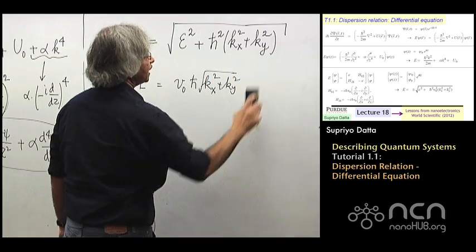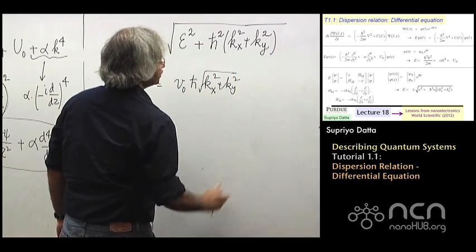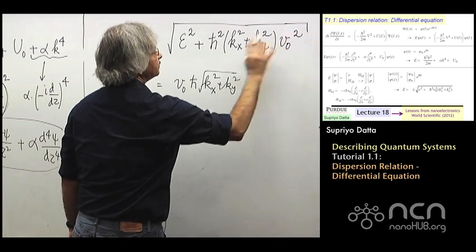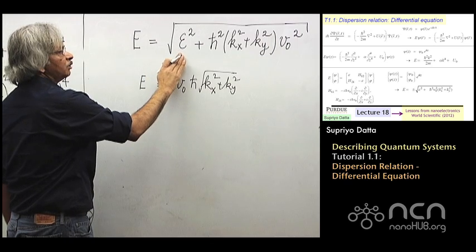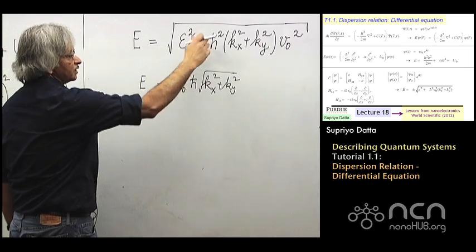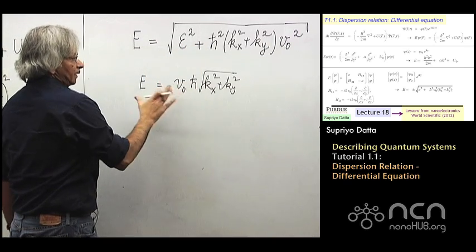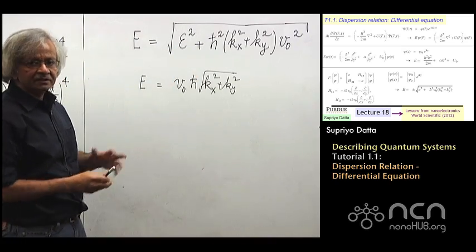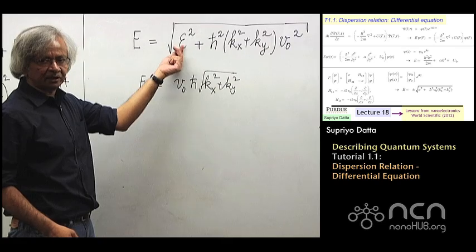I guess I should have a V0 also here. So if you put epsilon equal to 0, then you see it becomes the graphene dispersion relation. And in graphene, there are cases where you actually need this epsilon also.